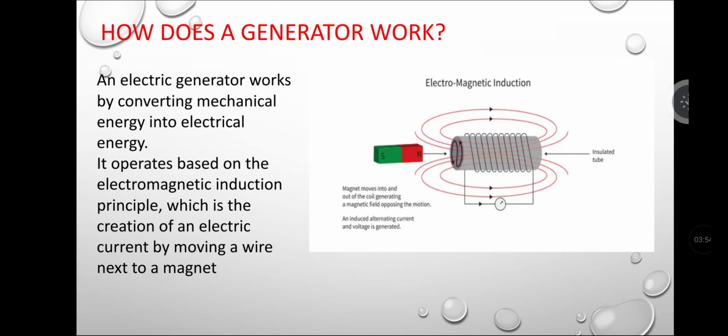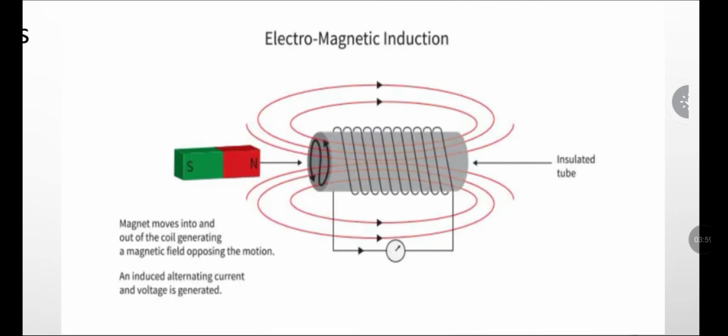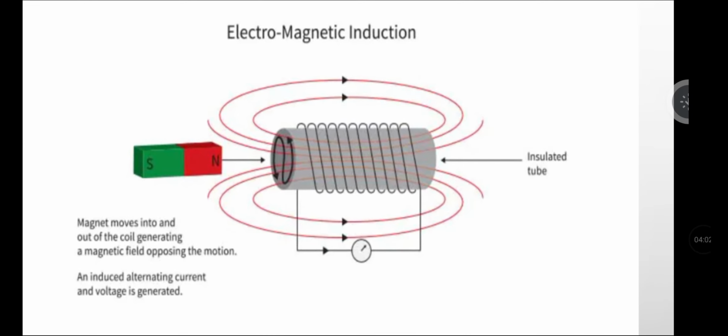Okay, so if you see this design, let me enlarge this design. Now you can see the concept behind that. Let's talk about electromagnetic induction. Everybody knows the magnet, right? So magnet has two ends, north and south poles, and the magnetic lines of force generate from the north pole and reach the south pole. And the wire is wound on that magnet, if you see.